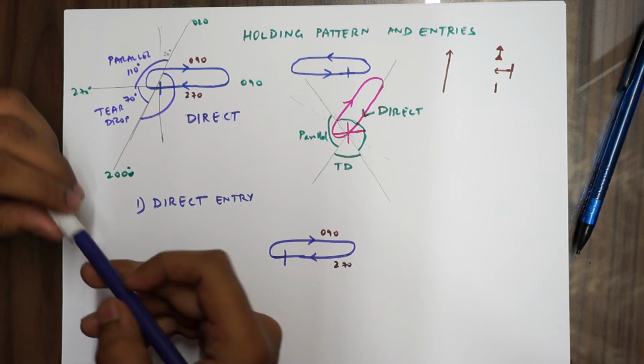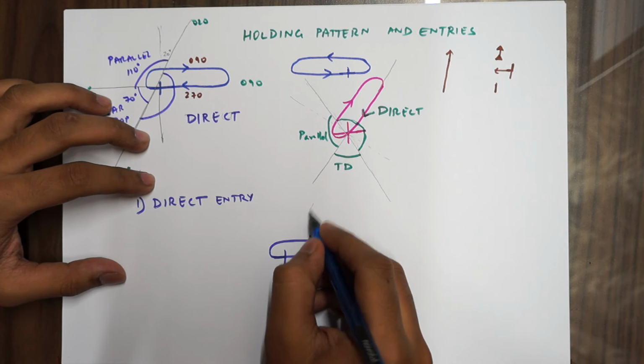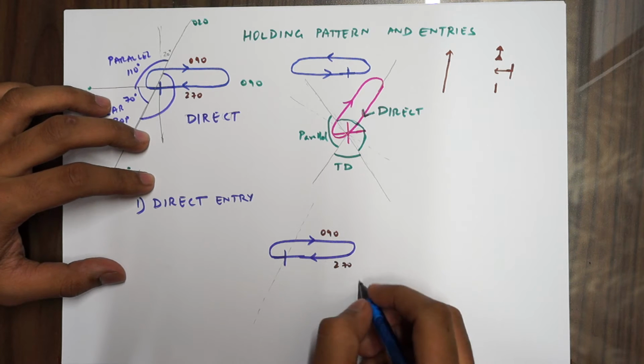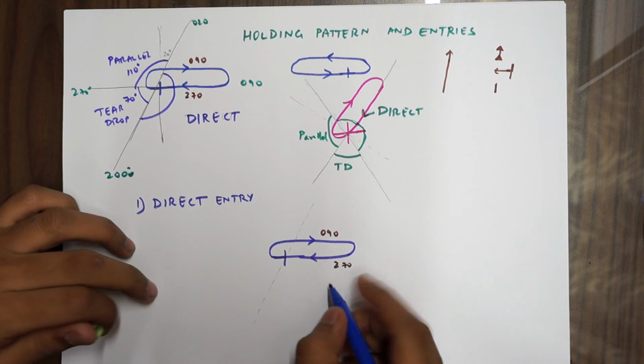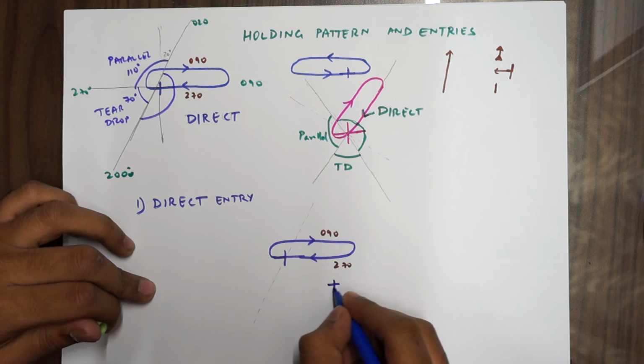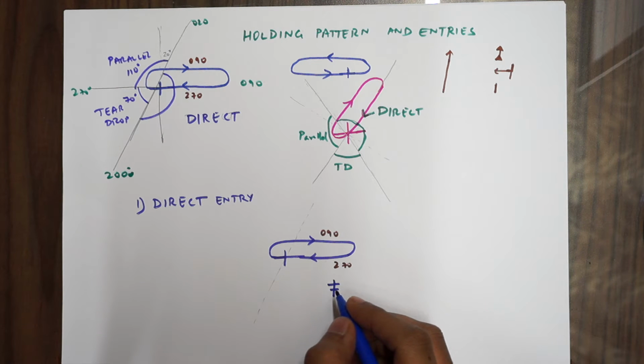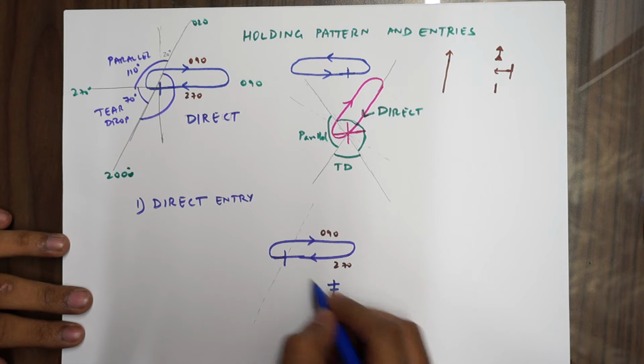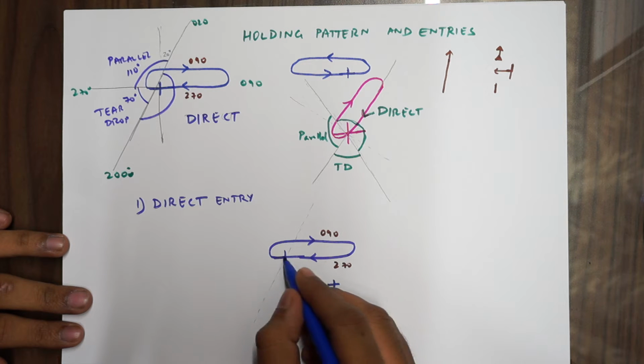So step 1, again, quickly, an imaginary line drawn, and you are in some position, say here. And you found out through the radials that you are in this sector. Approximately, I think this would be some 150 or maybe 140, 120, anything of that sort.